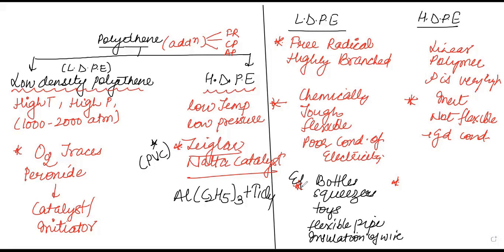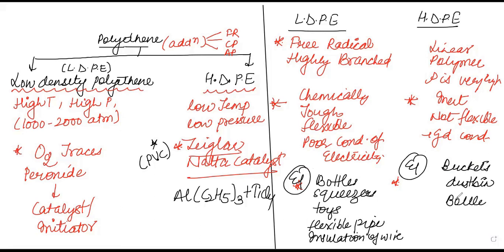And if I am talking about HDPE, here we are manufacturing buckets, we are manufacturing dustbins, we are using this for making bottles and pipes as well. So this is all about the LDPE and HDPE, and 100% this question can come in the paper in the objective format, because a lot of things are there.